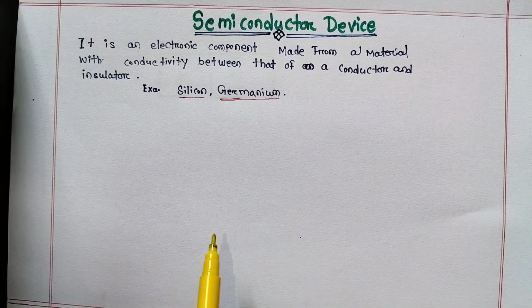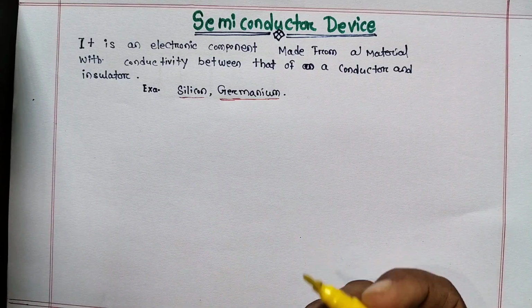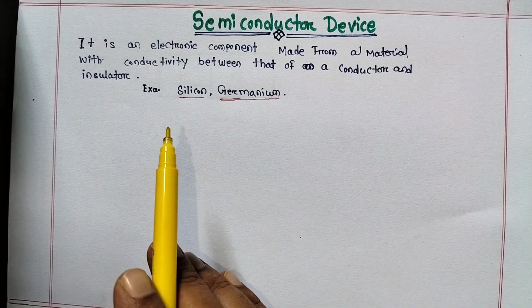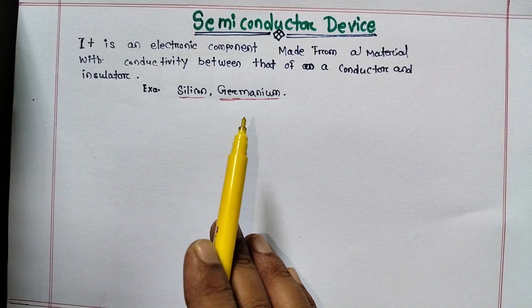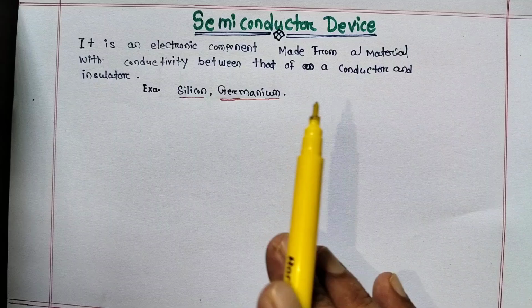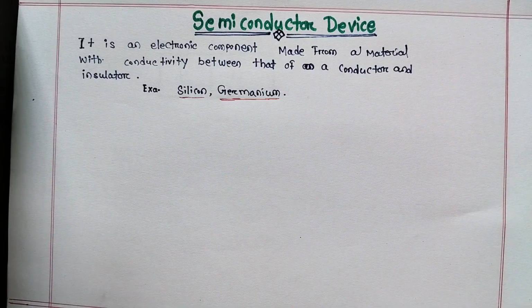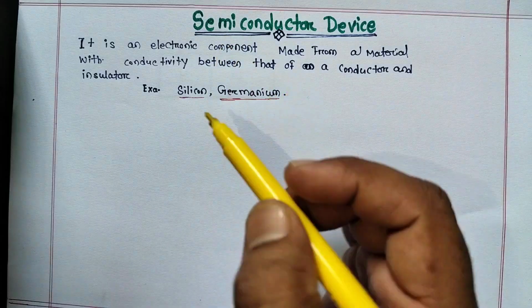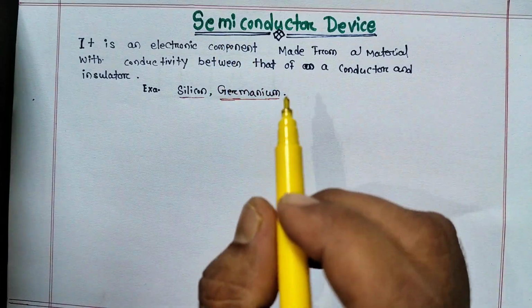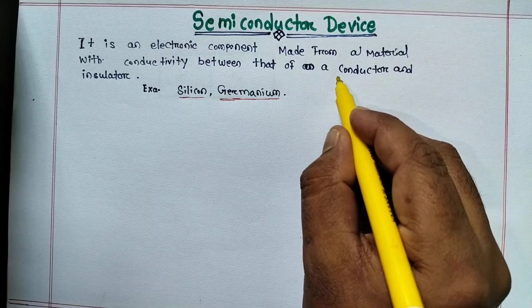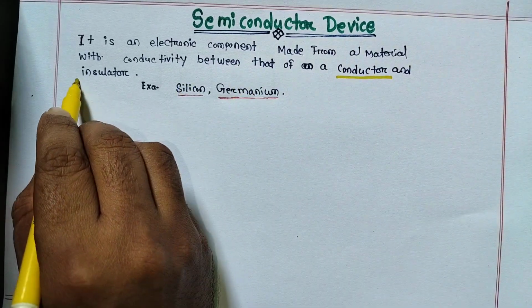It is an electronic component made from a material with conductivity between a conductor and an insulator. So a semiconductor device is made from one material whose conductivity lies between conductor and insulator.